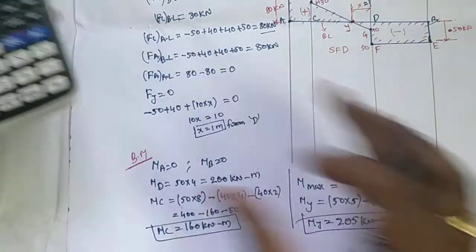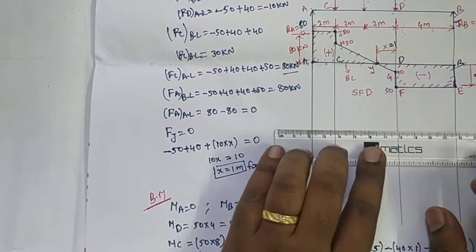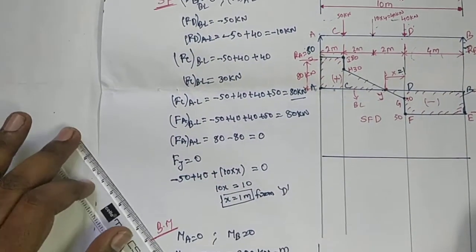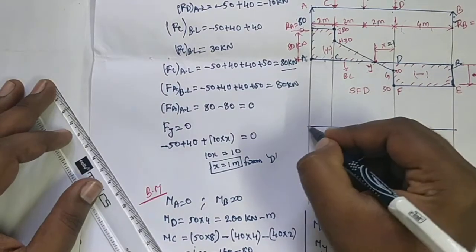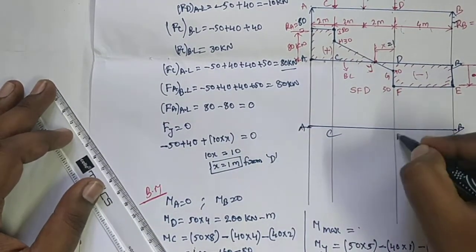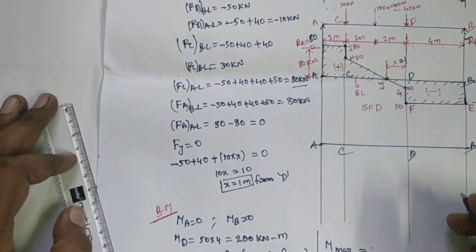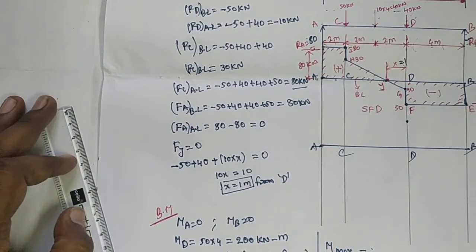By using these values we can draw the variation of bending moment. At point A and B the values of bending moment is 0. A, B, C, D. At point D the bending moment value is 200, because 200 is positive, so that it can be located above the baseline.